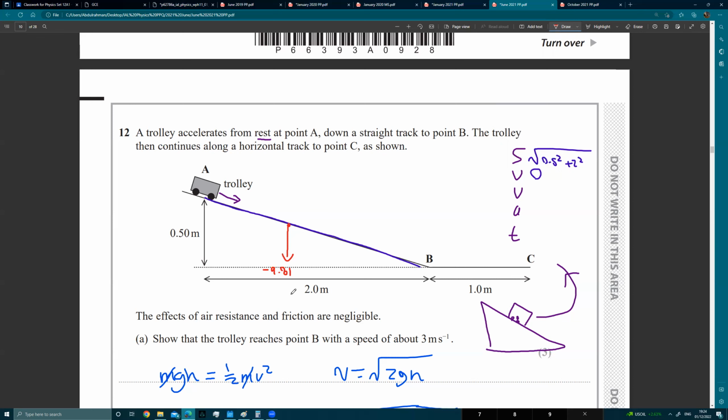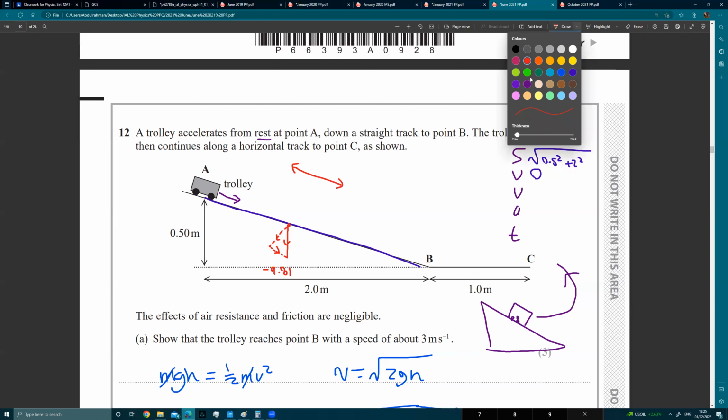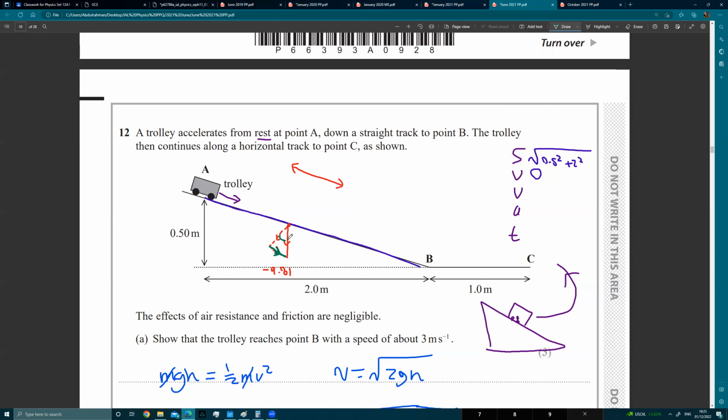But am I doing a vertical SUVAT? No, I'm doing a SUVAT in this direction. So every question that's on a plane, you have to resolve the gravity, the acceleration figure. Instead of getting this red one, I want this green component, where this is theta.